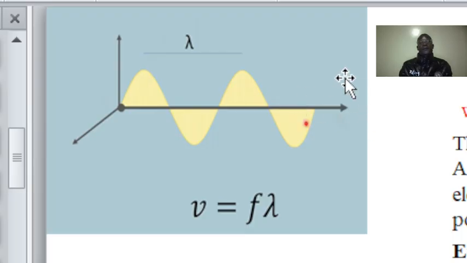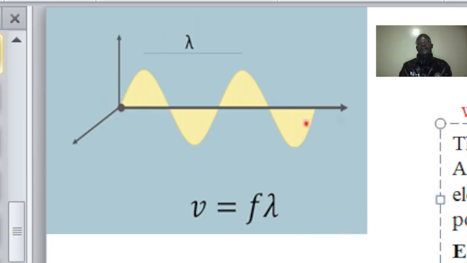Now, the energy that is possessed by this kind of particle is obtained through the help of Planck's constant multiplied by the frequency.